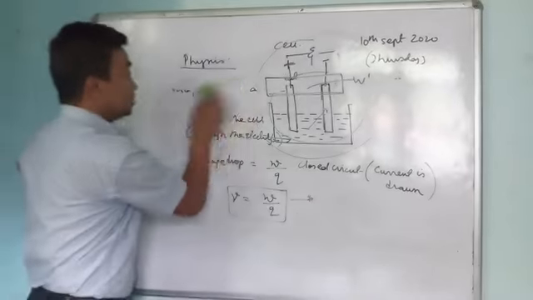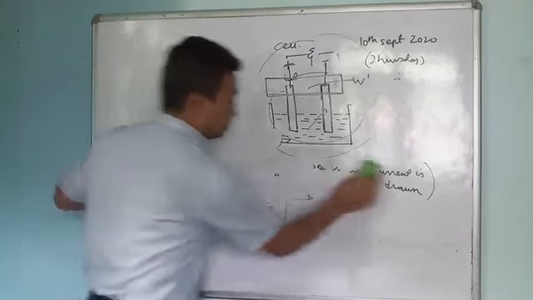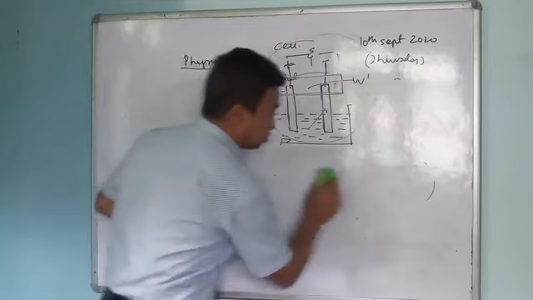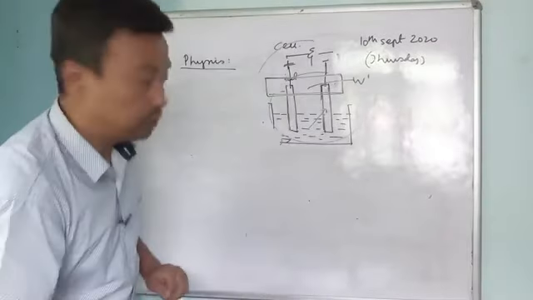So now I'll just combine these three. It will be quite simple for you. In the diagram, these three formulas, I'll write it down quickly so that it is easy for you to understand.